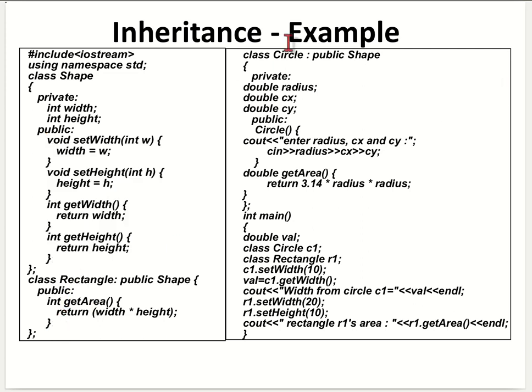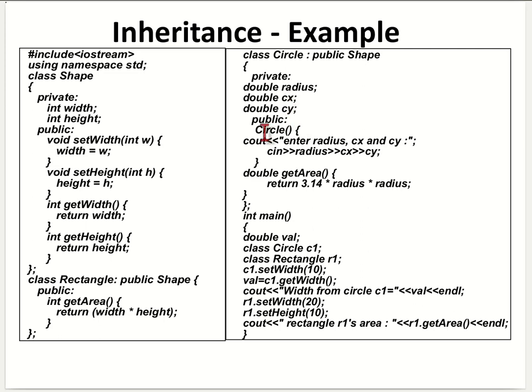And this class circle has also inherited shape itself. Circle is a shape, and it has its own unique characteristics: radius, cx and cy, the center point x comma y.